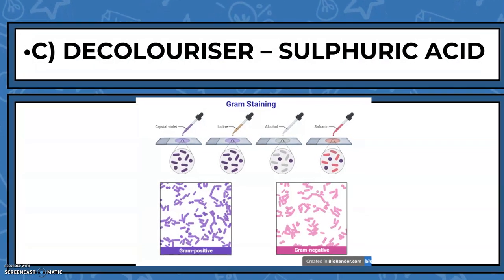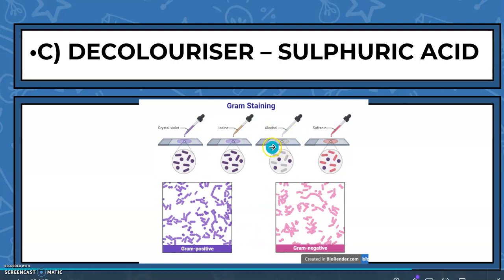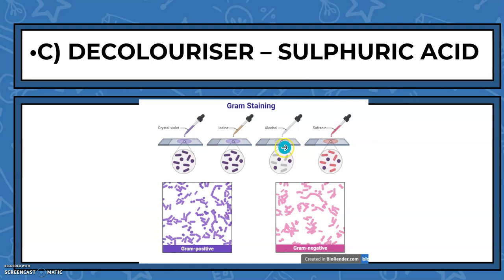The answer is decolorizer sulfuric acid. In gram staining, the decolorizer is alcohol. Primary stain crystal violet, mordant is of course gram's iodine, decolorizer alcohol, and the counterstain is safranin.